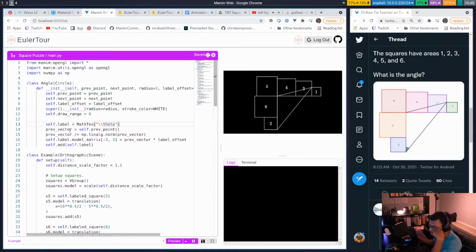Label equals theta, that's fine. Oh, I don't actually want to label right now. Previous vector. It just calls the previous point. Oh, it normalizes it there.